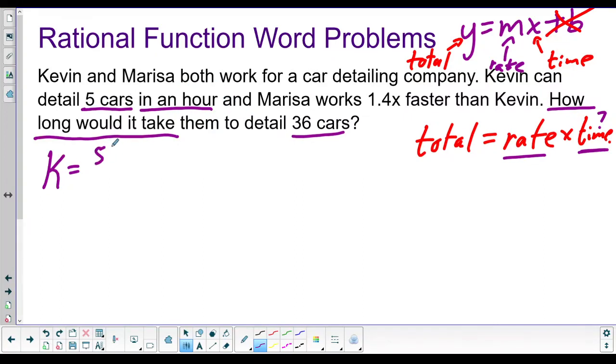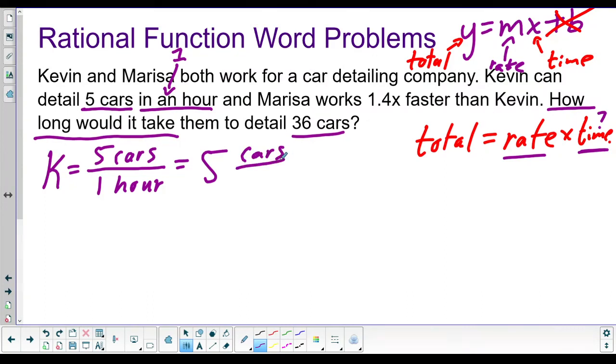So we can do 5 cars over 1 hour. And then we could make this look a little bit nicer because 5 over 1 is just 5. So this is 5 cars per hour. All right, so Kevin can do 5 cars per hour.